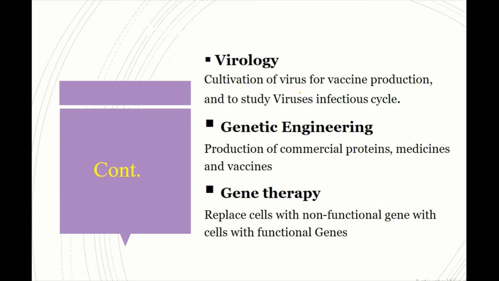In virology, we can cultivate viruses for vaccine production, like we are doing for the vaccines for COVID-19, and also study the virus's infectious cycle to understand how HIV infects human beings. Genetic engineering: production of commercial proteins like insulin, medicines, and even vaccines. And gene therapy, where we want to replace non-functional genes in cells with cells that have the functional gene.